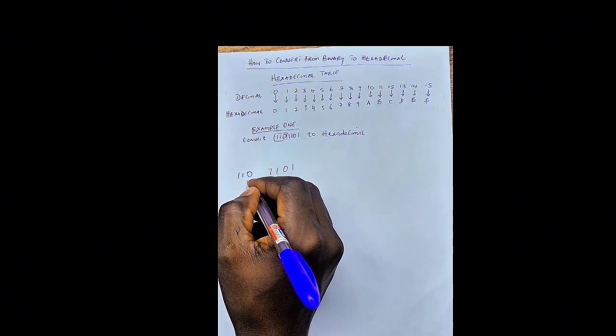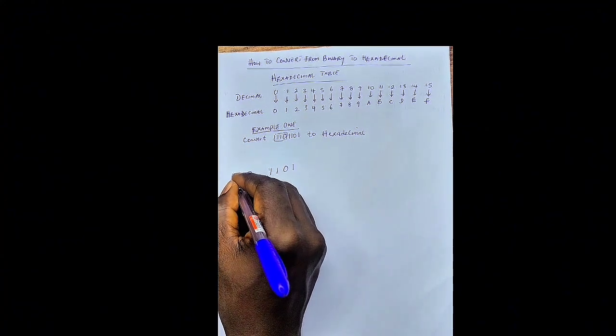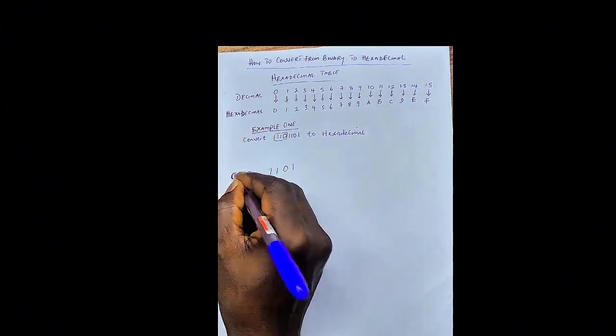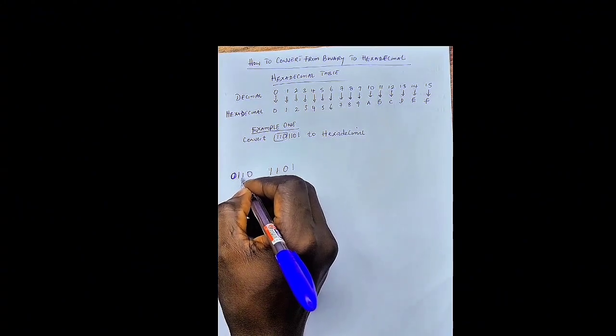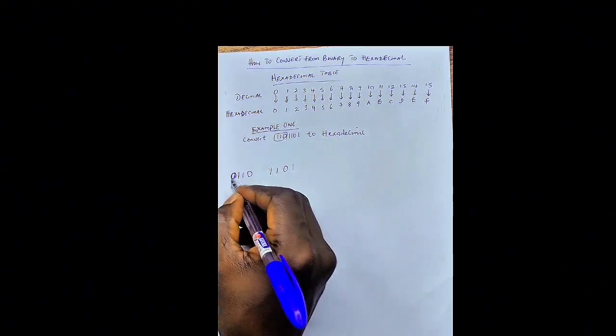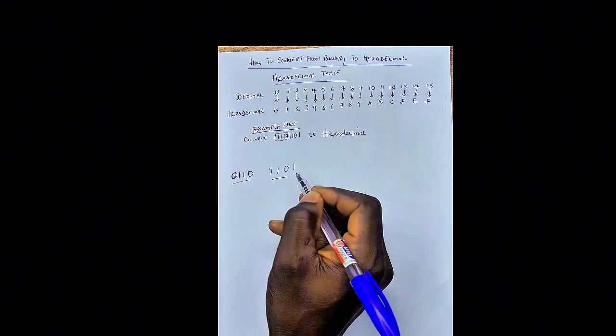In any hexadecimal conversion you are doing, if the digits are not up to 4, what you do is add 0 to complete that particular group to be 4. So now we have 4 digits in the first group and 4 digits in the second group.